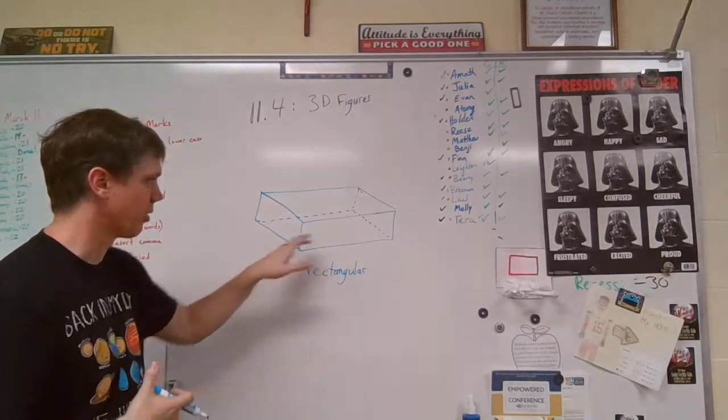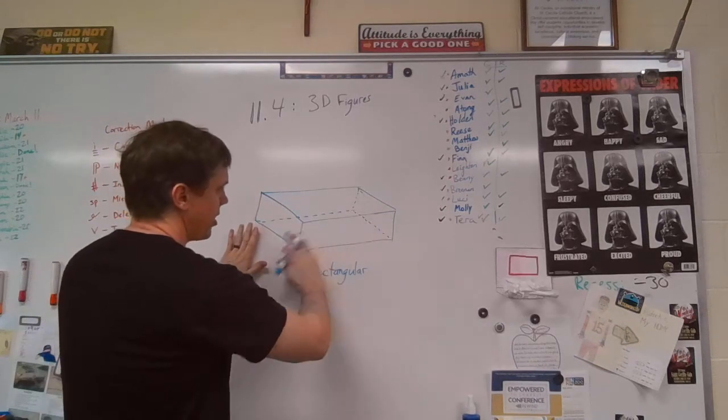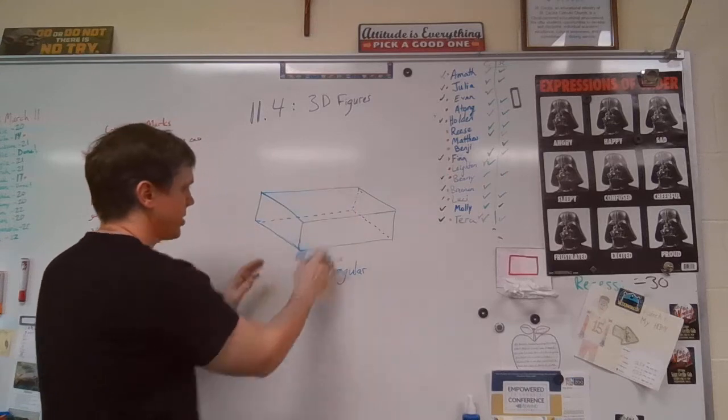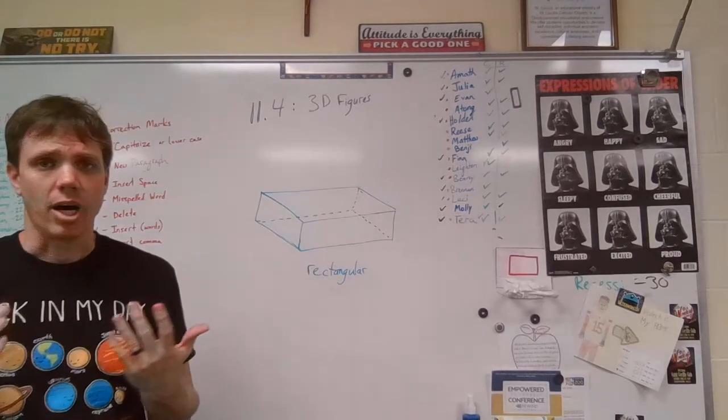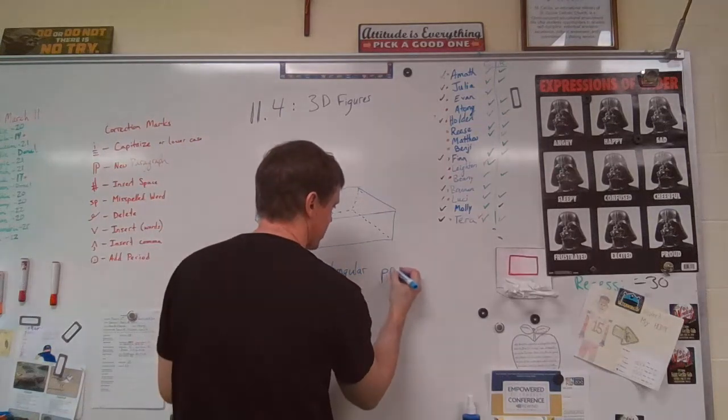So in this case, all congruent rectangles. This side here is the same as this back side here. This side here is the same as back here. Top same as bottom, etc. So this is a prism. It's not a pyramid. So this is a rectangular prism.